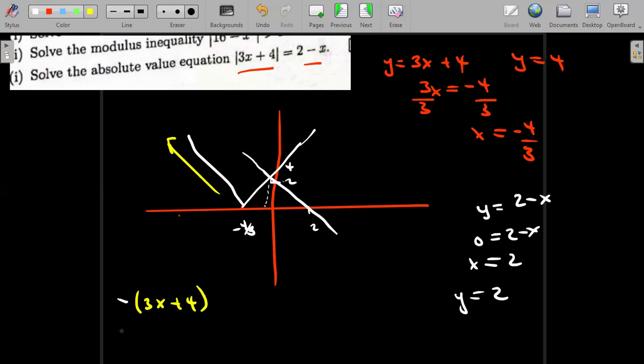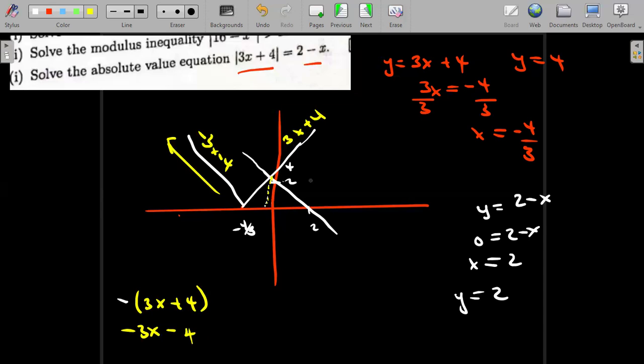So negative 3x minus 4. Then this positive side here is going to be the positive variant, which is just going to be 3x plus 4. So you see that this linear line is crossing with the positive part here.